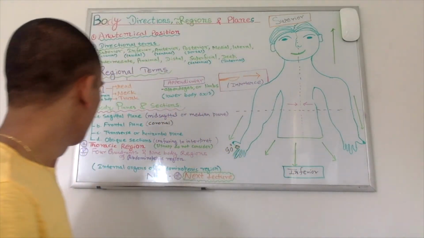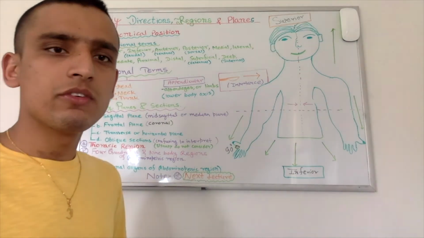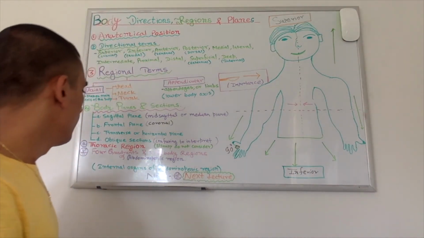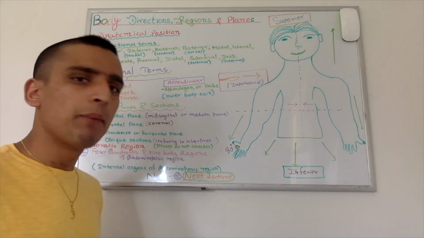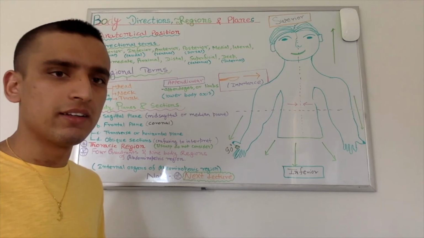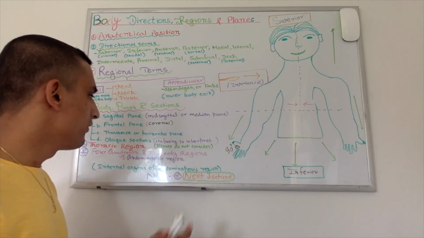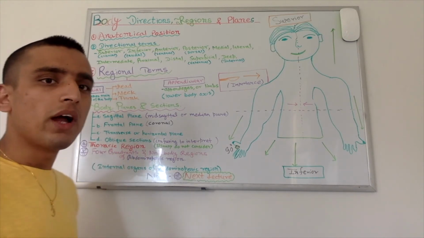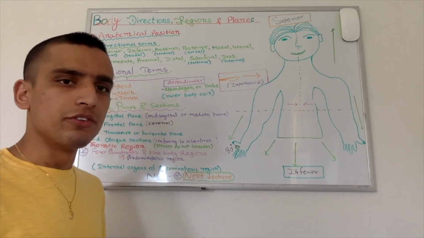Now next are the regions of the body. I'll just mention the regions of the body here. There is the thoracic region, and there is an abdominopelvic region where different organs are located. In the abdominopelvic region there are 4 quadrants, and there are 9 body regions.